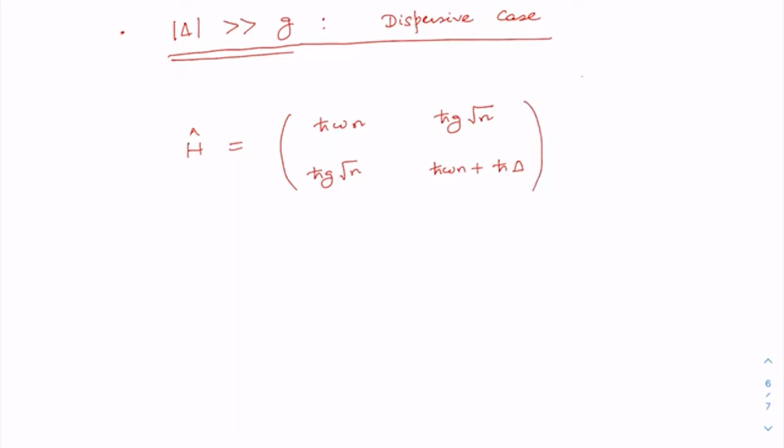Just recall that we wrote this Hamiltonian in the basis: atom in the ground state with n number of photons in the field mode, and atom in the excited state and one less photon in the field mode. So these were the basis states.